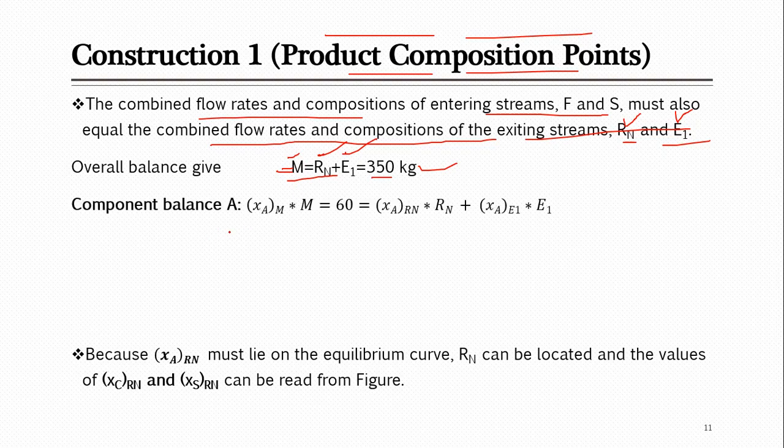First, if I take the component A, and A was the solute, so whenever you apply a component balance, you take the mass fraction of that component A in the mixture, I'm just considering M as a stream, and multiply by its total amount, which gives you the amount of that component in that specific stream.